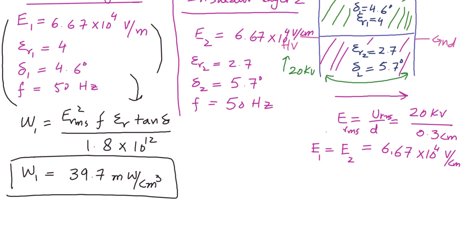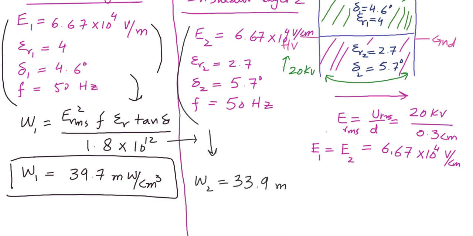Similarly, for material 2, we will use the same expression but we will use the values given above. So we will get W2 equal to 33.9 milliwatt per centimeter cube.